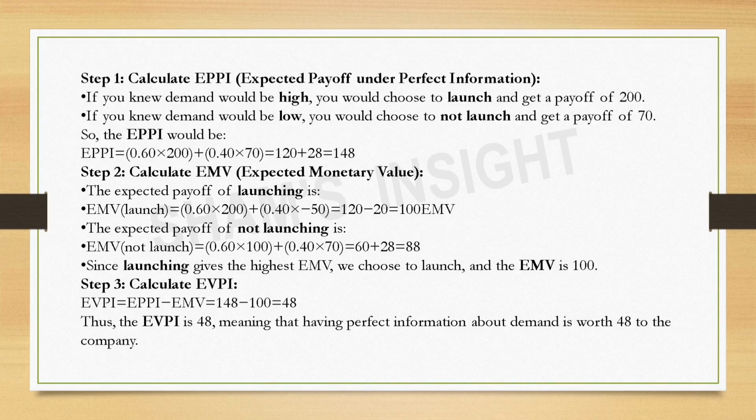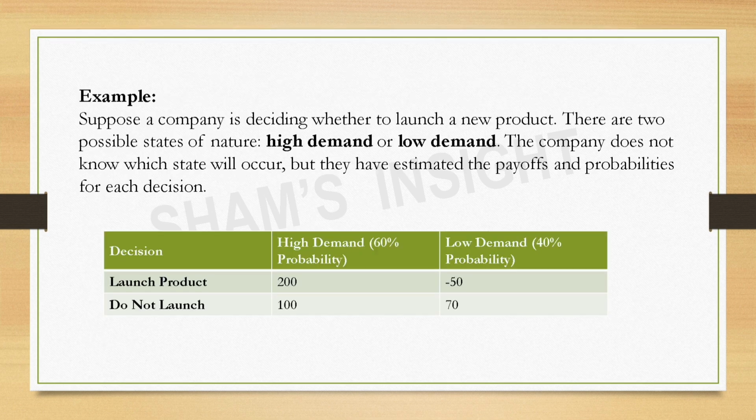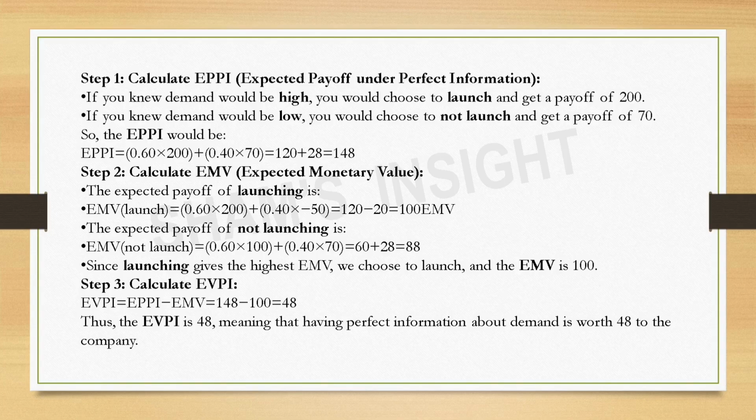Now we have to calculate the EMV value. For this, we calculate the EMV for launching the product and for not launching the product. For launching, multiply the probability 0.60 with 200 plus the probability 0.40 with minus 50, which gives 100 EMV.